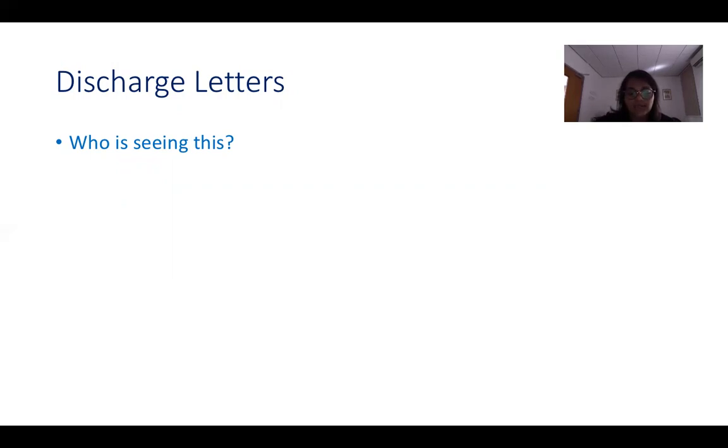Okay, so in terms of discharge letters, you need to think, who is seeing this? The obvious person is the GP, because you are literally sending the letter to the GP. But other people that see these letters are other secondary and tertiary care physicians.